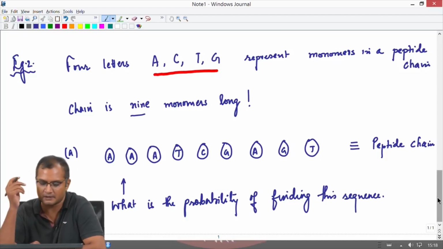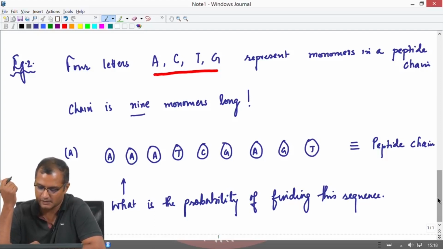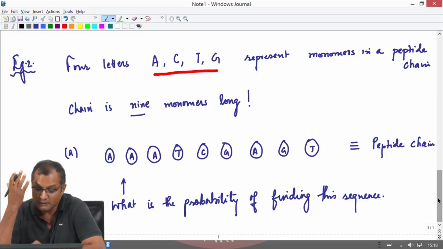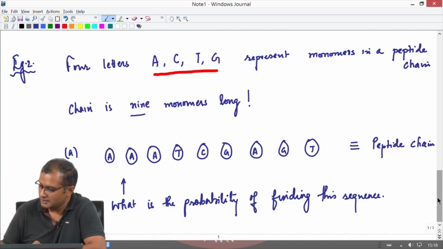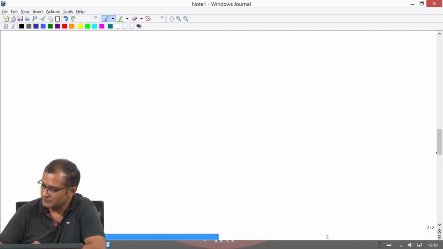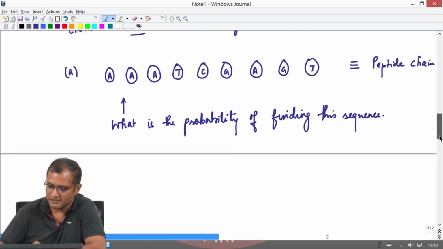Now, you can construct a very large number of sequences. Of these large number of sequences, one of the sequences is in front of you. What is the probability of finding this sequence out of those very large number of sequences?